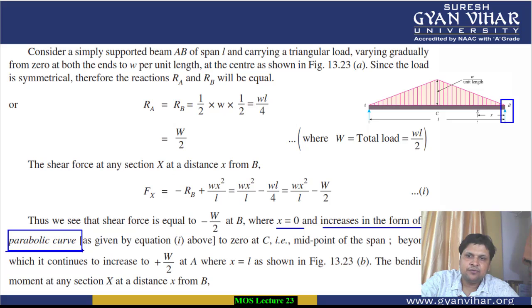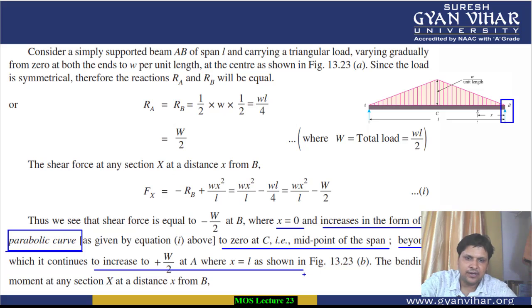Therefore, the curve by which we will join the value of shear force at points B and C will be a parabolic curve. All right, and therefore the shear force increases in the form of a parabolic curve to 0 at C, that is the midpoint of the span, beyond which it continues again beyond C till point A. It continues to increase to W by 2 at A, where x is equal to L.